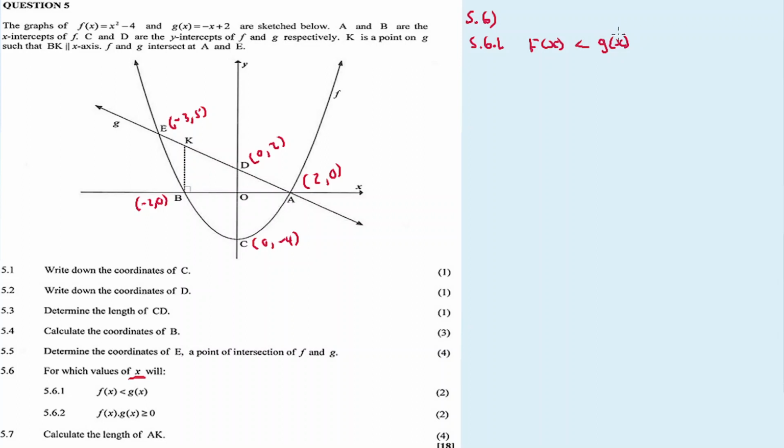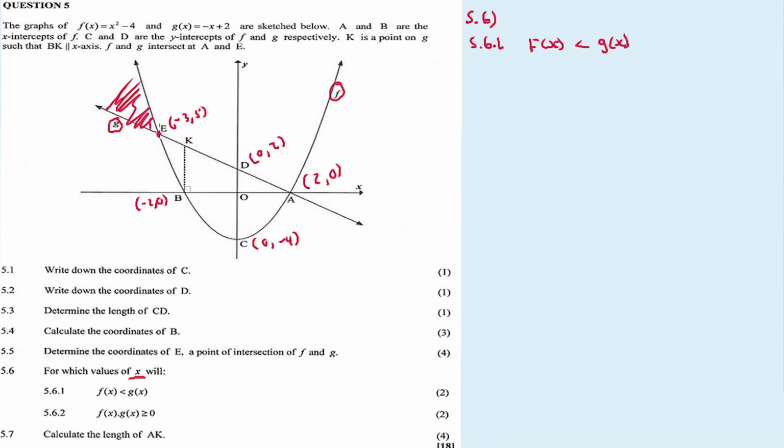We want the part of the graph where g of x is below f of x, or f of x below g of x. Where is that? Here f of x is above, g of x is below, up until this point. So from here g is below, f is above, which is not what I want. I want f of x below and g of x above.